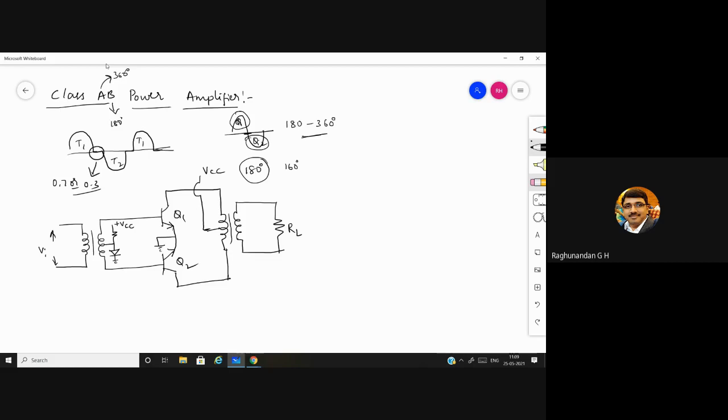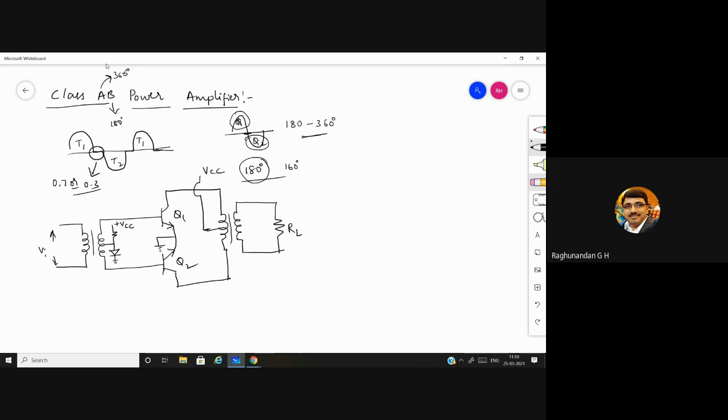This is a technique which has been used. So that's why each of the push-pull transistors which is conducting will be conducting for slightly more than half cycle, compared to class B. In class B we are considering exactly 180 degrees, but here it is going to conduct slightly more than half cycle, not a very much larger value, just maybe some 10 to 20 degrees extra, so that this crossover distortion can be avoided.